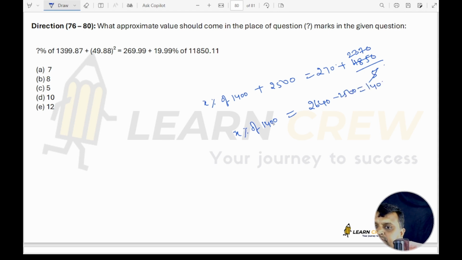So x percentage of 1400 is 140. So x is 10. So the answer is 10 percentage.